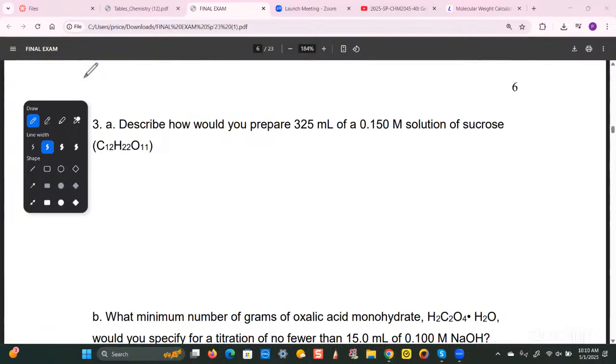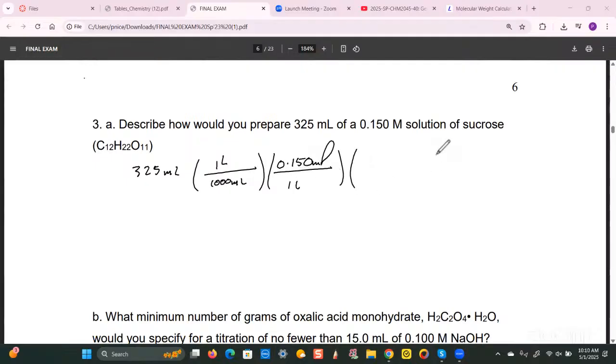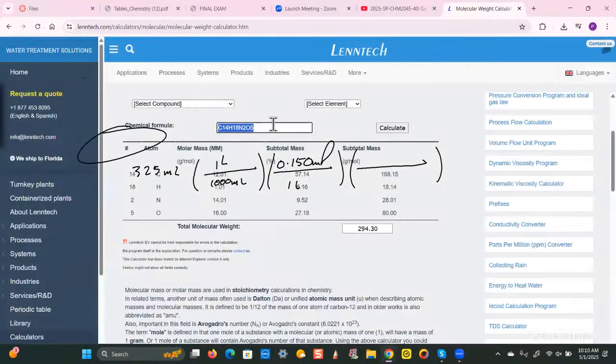So basically, what I would do is start off with the 325 mils, convert that to liters, 1 liter over 1,000 mils, and then multiply that by the molarity, which is 0.150 moles over 1 liter, and then I'll convert that to grams, which means that we have to determine the molar mass of the sucrose. So let me do that here.